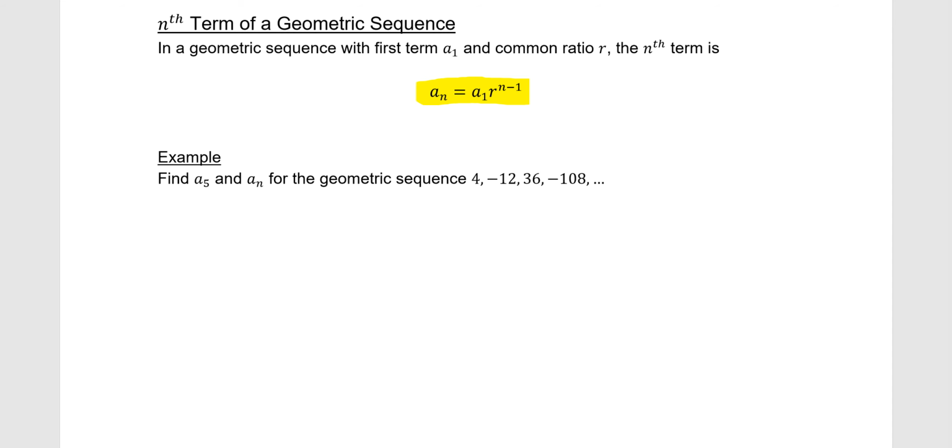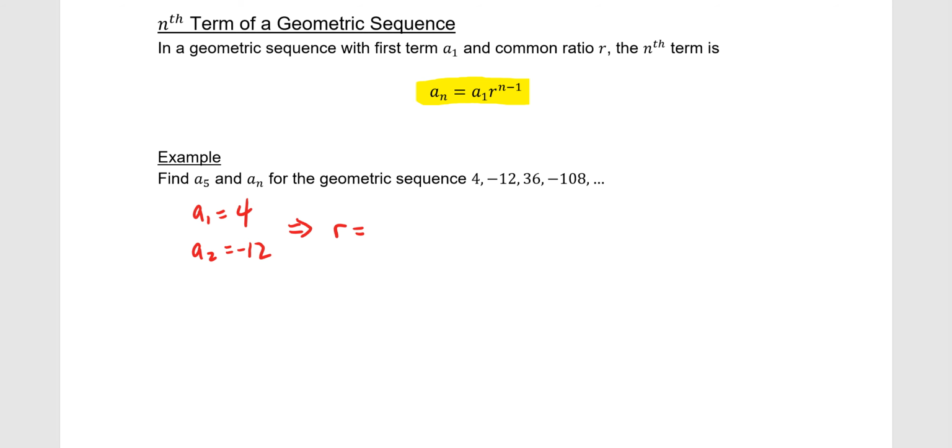We know a sub 1 equals 4 because that's our first term, and a sub 2 is negative 12. So we can use these two terms to find our common ratio r.